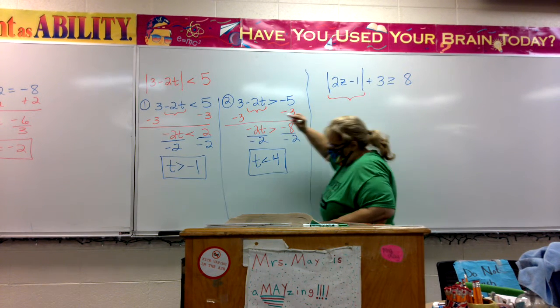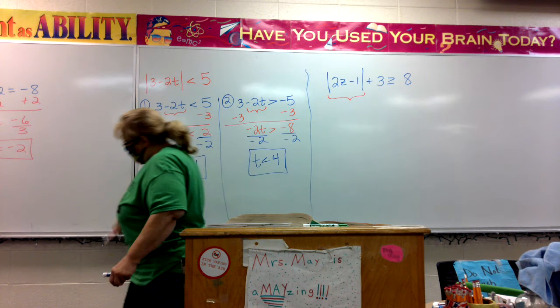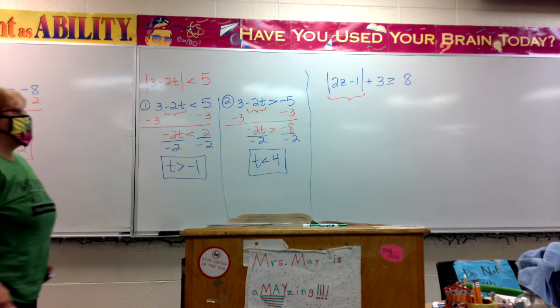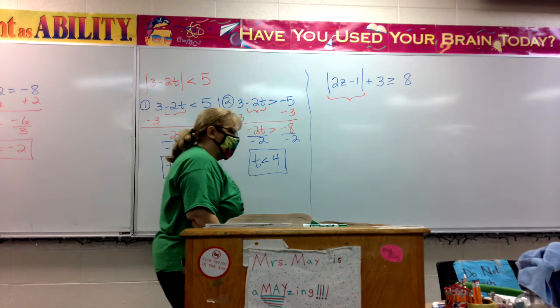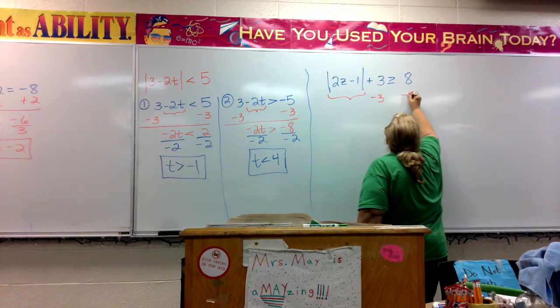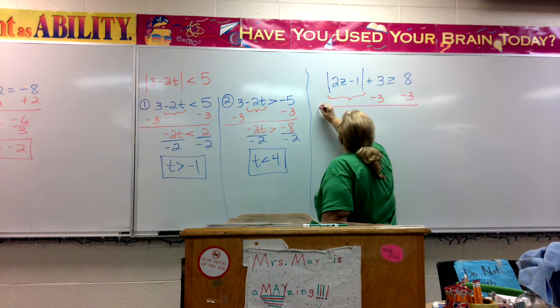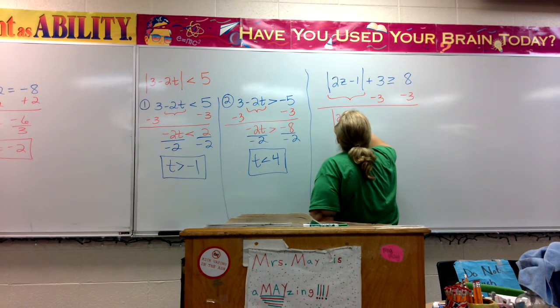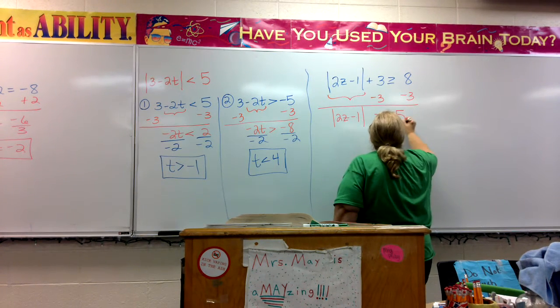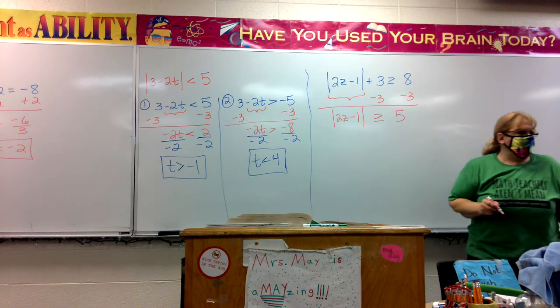Look over there. Absolute value by itself. In order to get the absolute value by itself, what do you have to get rid of? Yes. And if you don't do that first, it's going to come out wrong. There. It's easy.